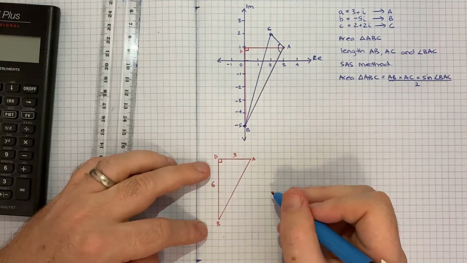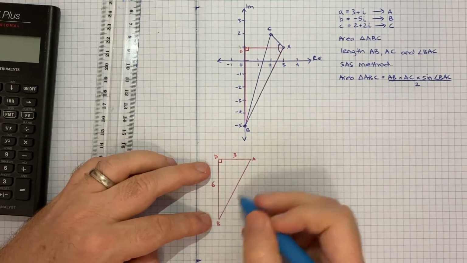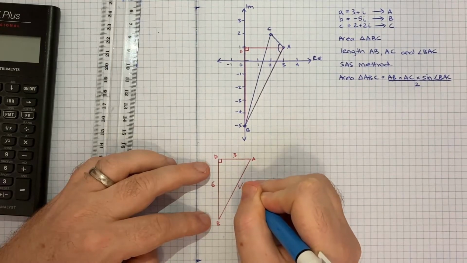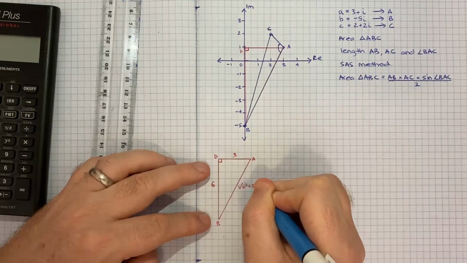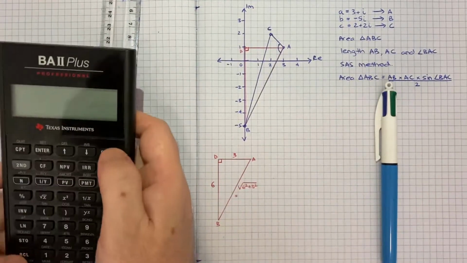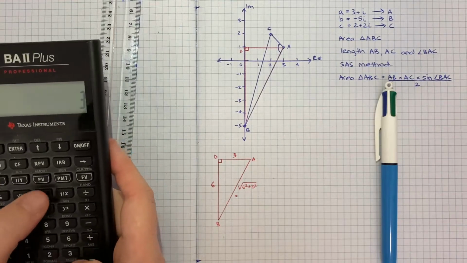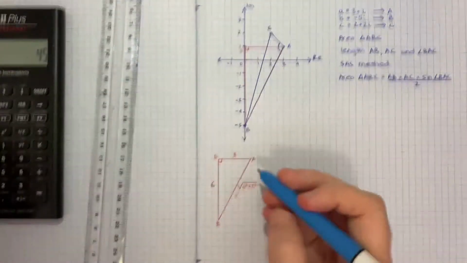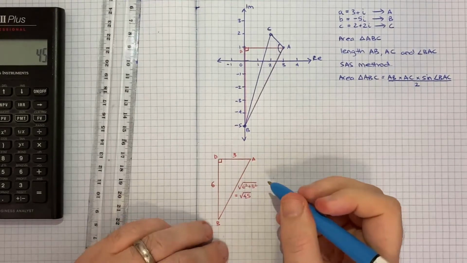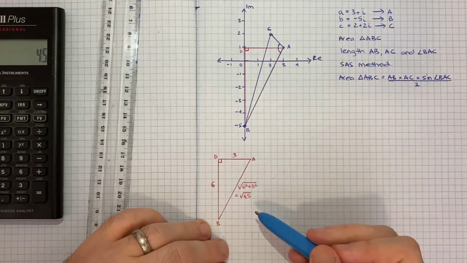We can use Pythagoras to say this length, AB, will be the square root of 6 squared plus 3 squared, which, I'll plug into my calculator so I don't make mistakes, 6 squared plus 3 squared is 45. So we've got the length of AB, square root of 45.